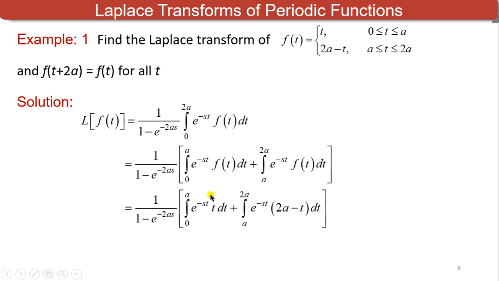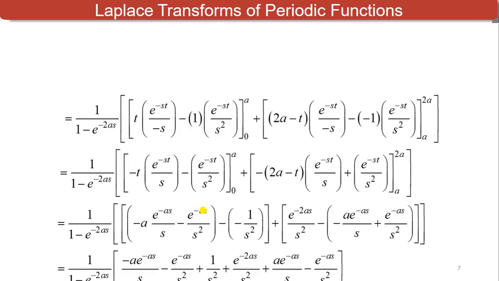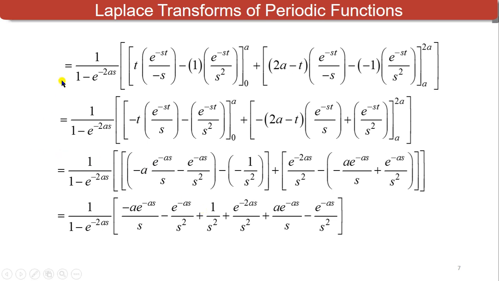Now the integrand is a product of two functions. Whenever we have a product of two functions in the integral, we have to apply integration by parts or Bernoulli's formula. Now we are using Bernoulli's formula here, which gives 1 by 1 minus e power minus 2as into t into e power minus st divided by minus s.